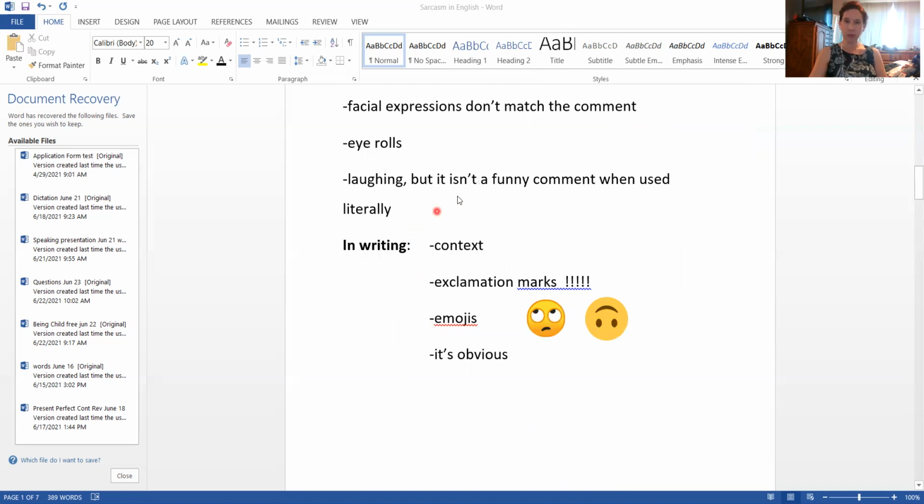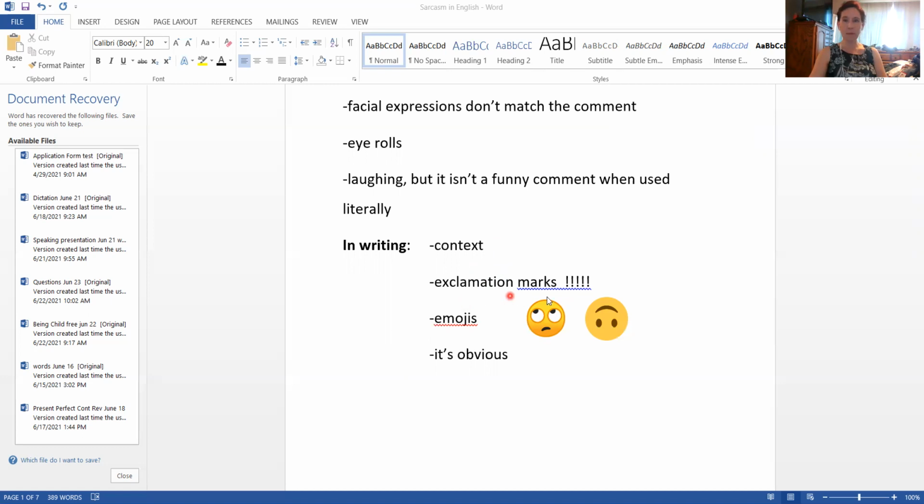So it's generally done when we're speaking, but now that texting is so common, we also do get sarcastic in our writing. So again, we might recognize it from the context, the situation in which it's being used.